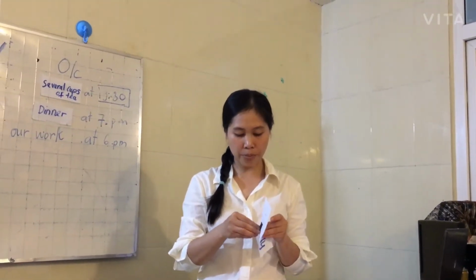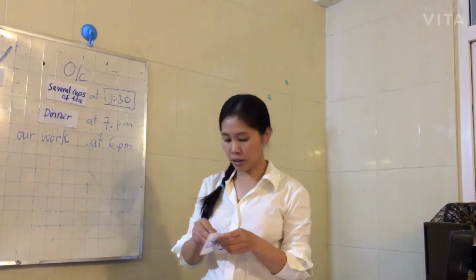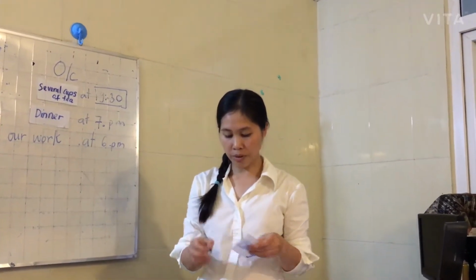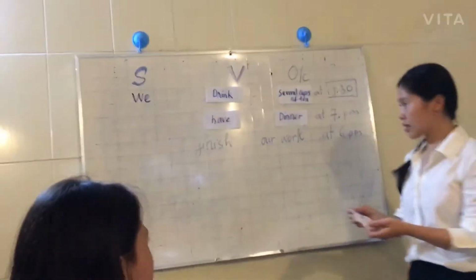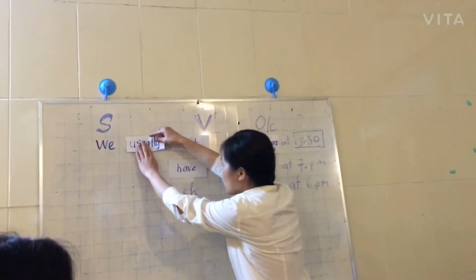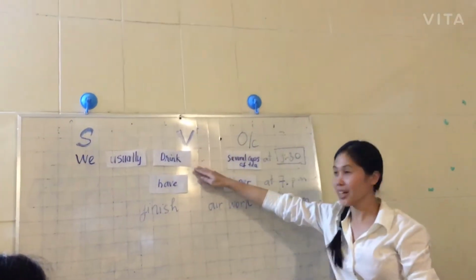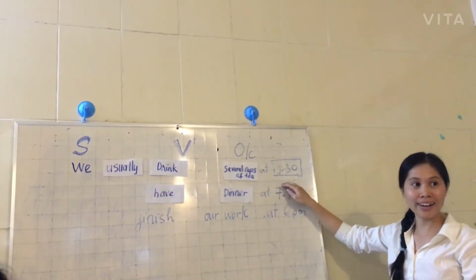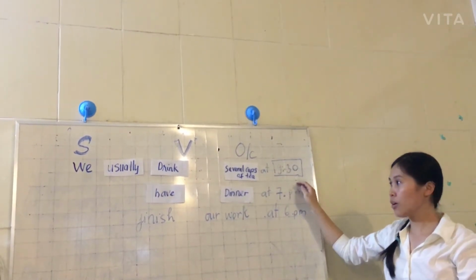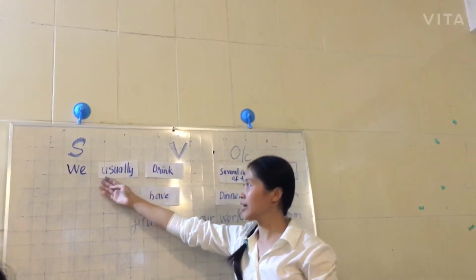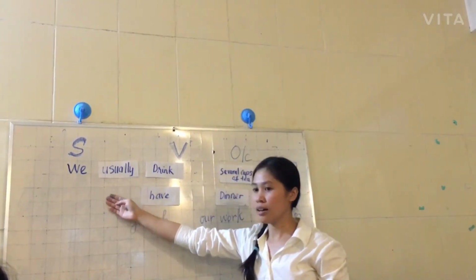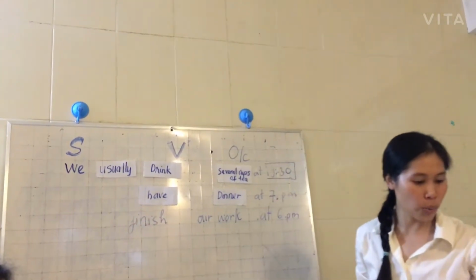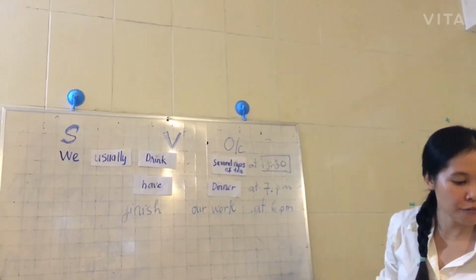For example, let's look at the board. So you can say that we usually drink several cups of tea at 9:30. Or you can change it to we sometimes, or we often.